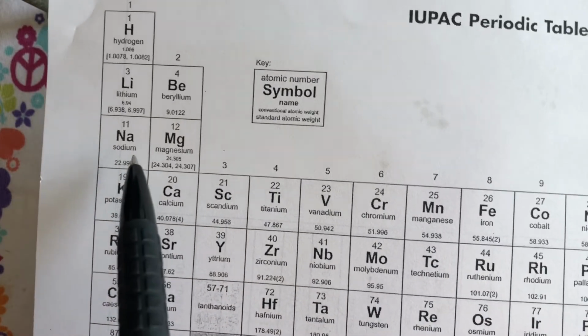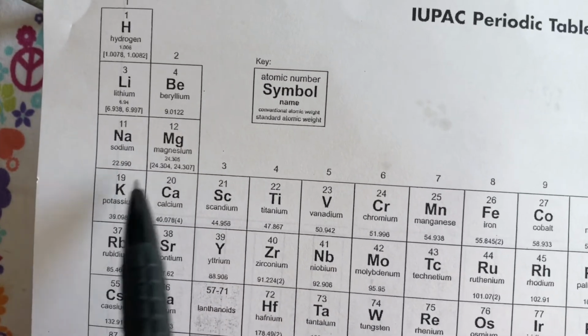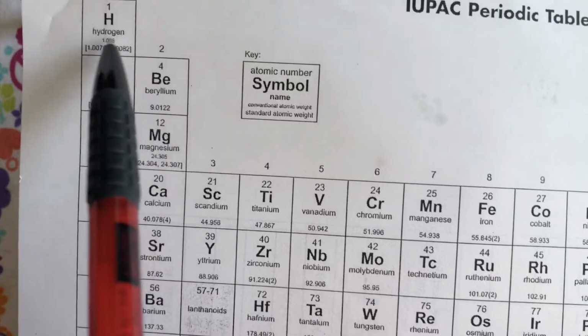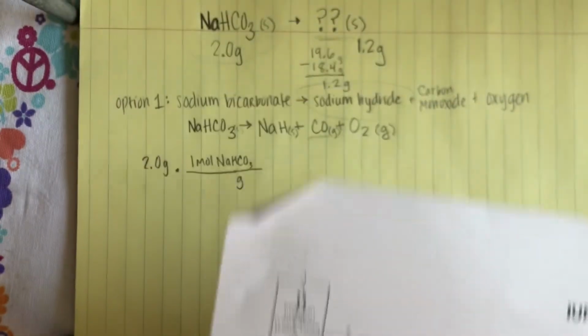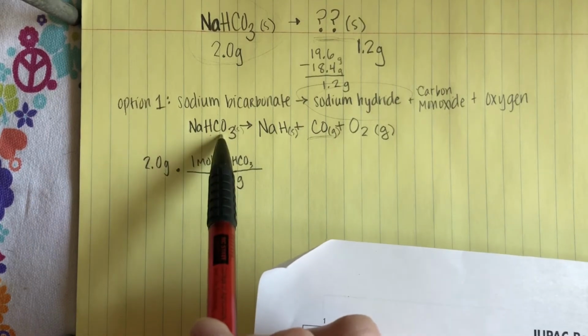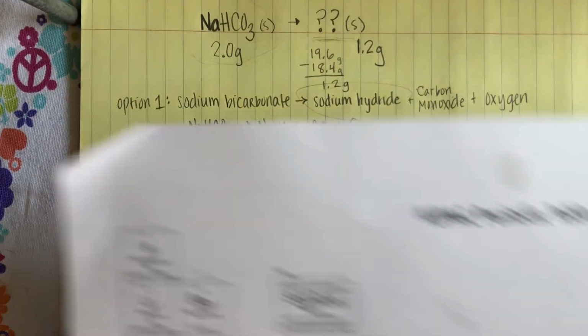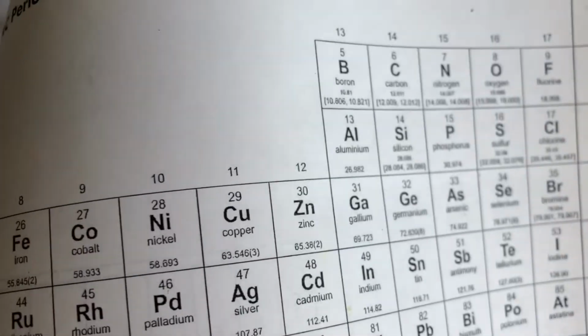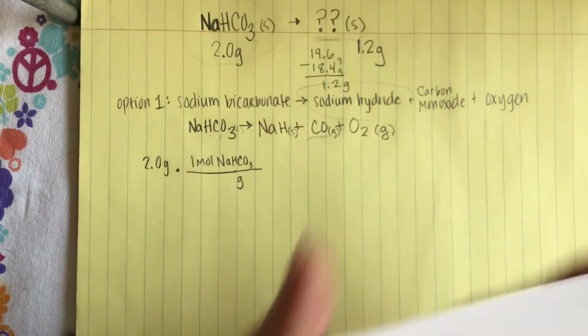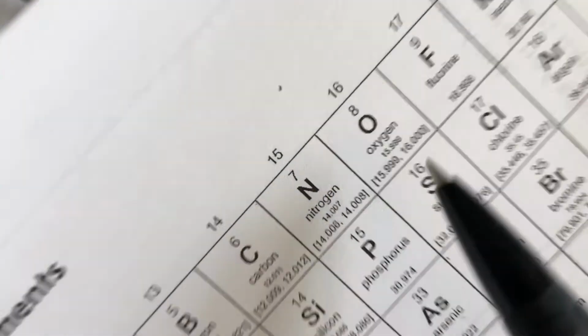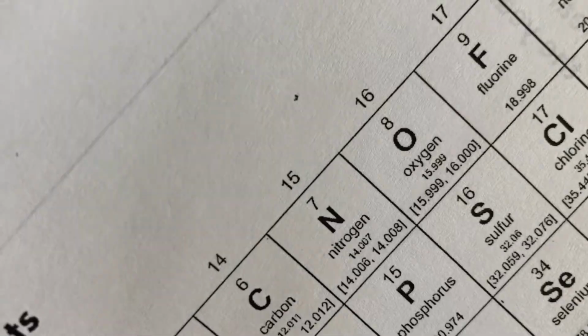So we'll add up the mass of sodium, 23, plus the mass of hydrogen. 1 mole of hydrogen is 1, plus the mass of carbon. 1 mole of carbon is 12 grams, and plus the mass of 3 moles of oxygen, which is 15.999 or 16. So 3 times 16.